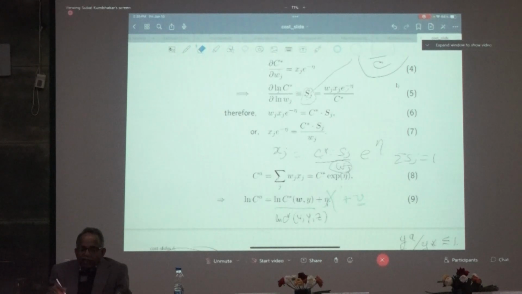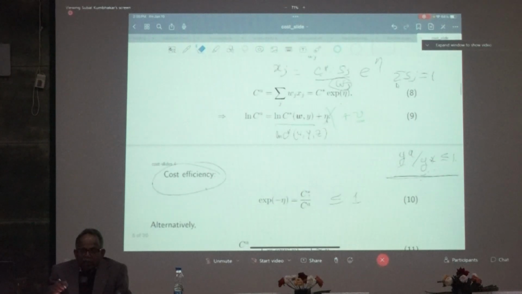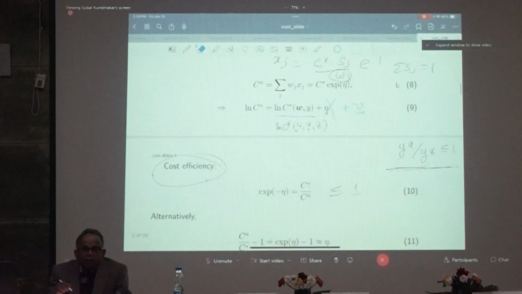Right? And then I added V here because again we need to add a noise term to estimate the model econometrically. Then you can define cost efficiency in this way: your minimum cost divided by actual cost, so that the number is again between 0 and 1.